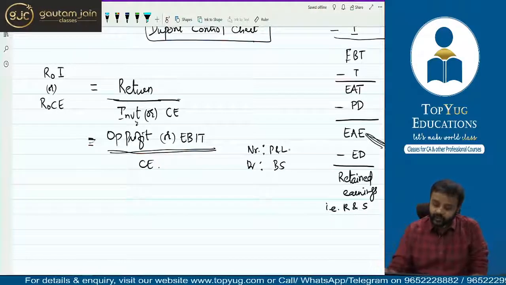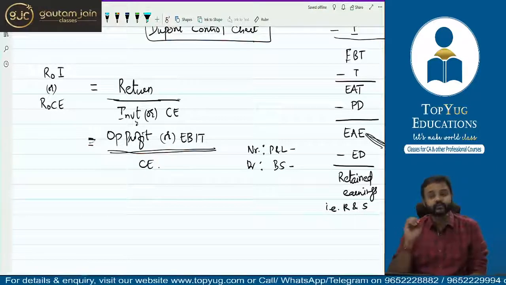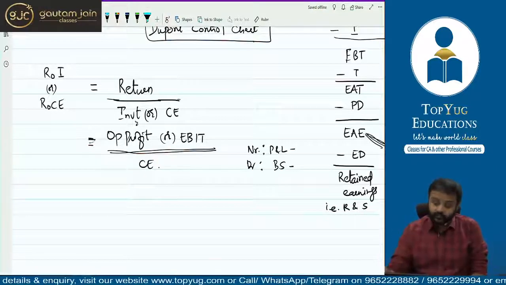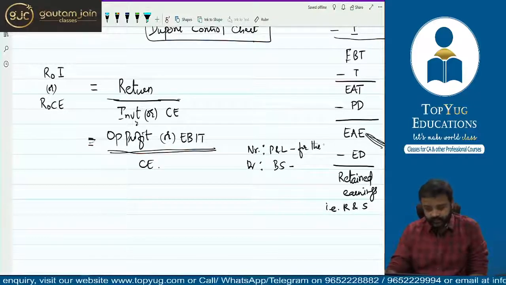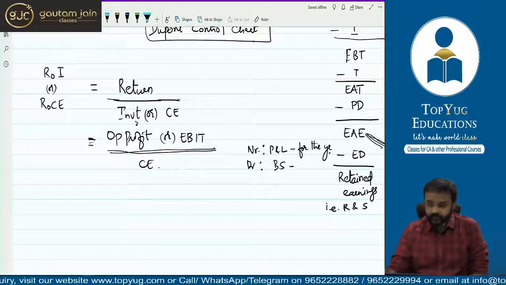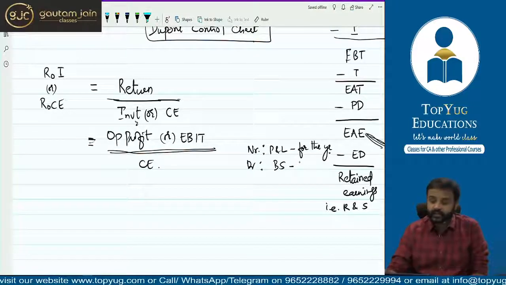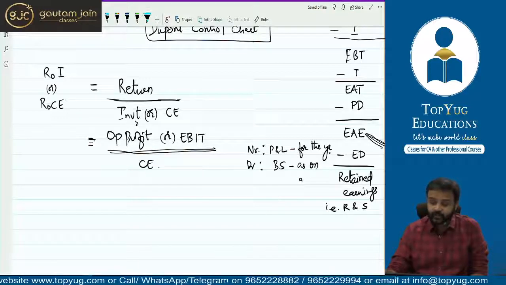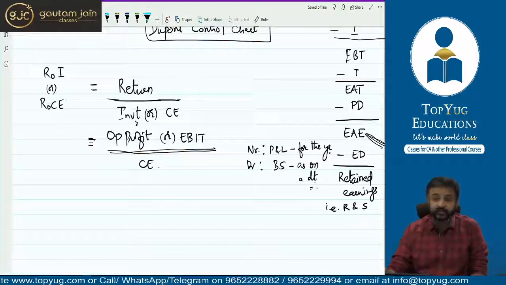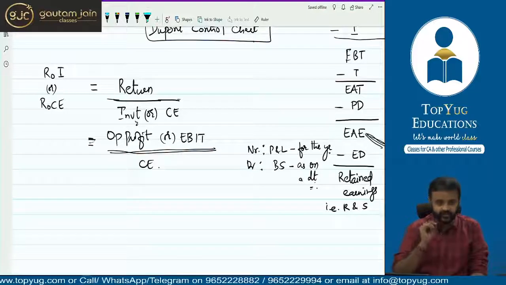So one figure is from P&L, other figure is from the balance sheet. Now the figures which are there in the P&L are for the year, am I right? Are for the year, whereas the figures which are there in the balance sheet is as at a particular date, as on a particular date, isn't it? It's not for the year, it's as on a particular date.